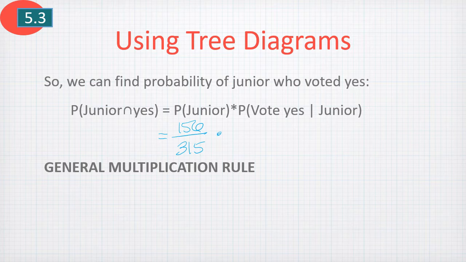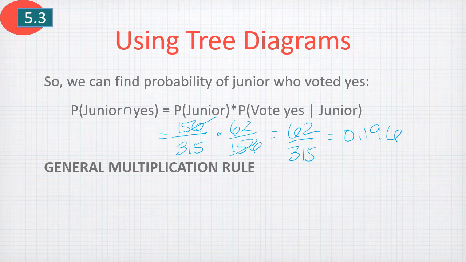And we're going to multiply that by the probability of voting yes given a junior, which is 62 over 156. Canceling that out, oh look, it's the exact same thing. Oh hey, 0.196.